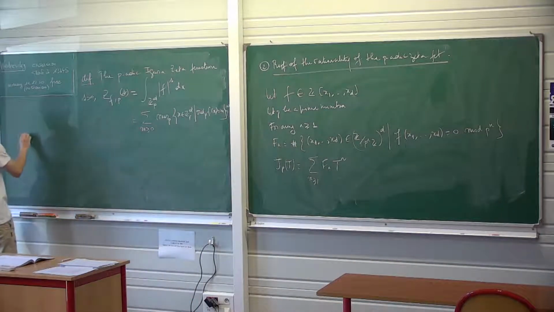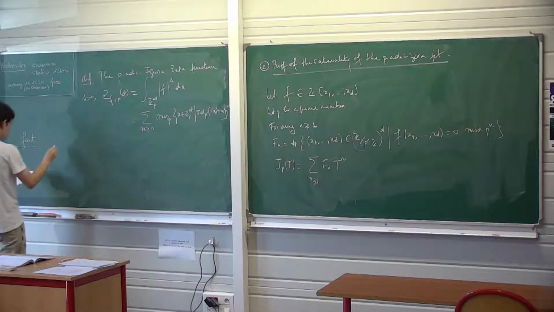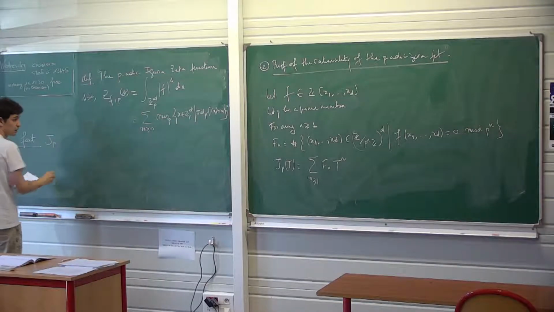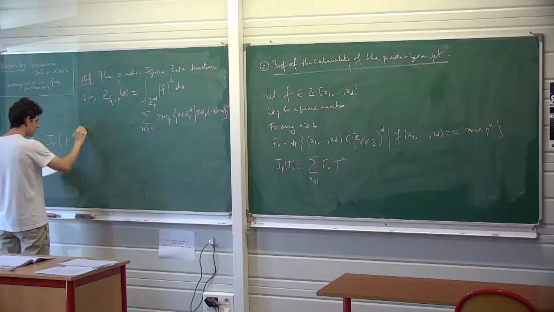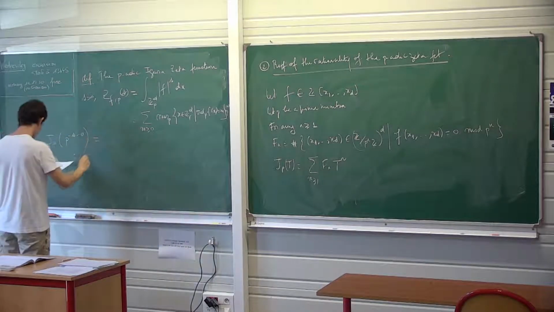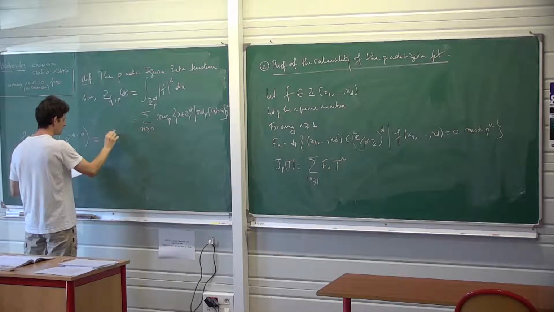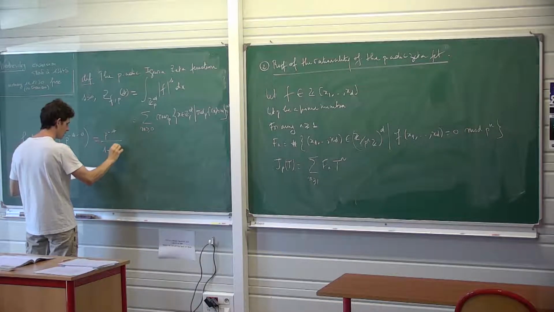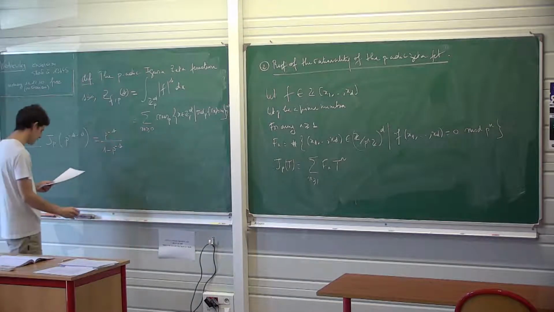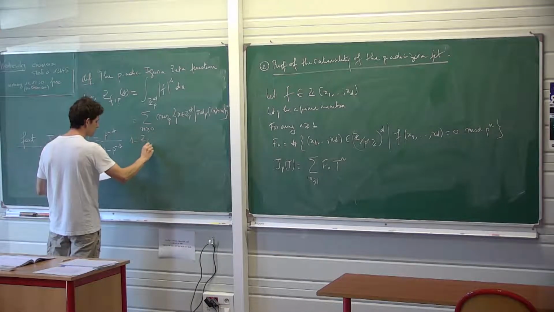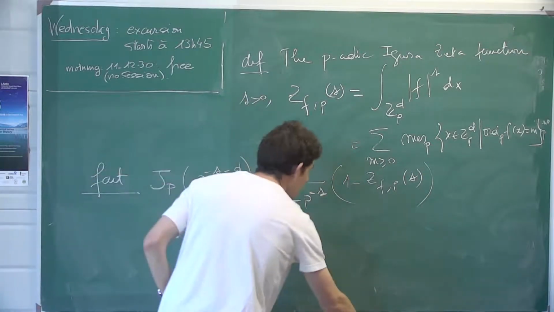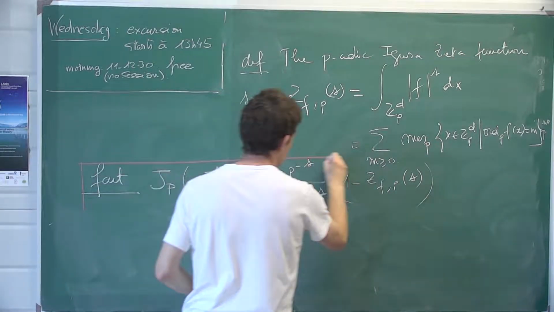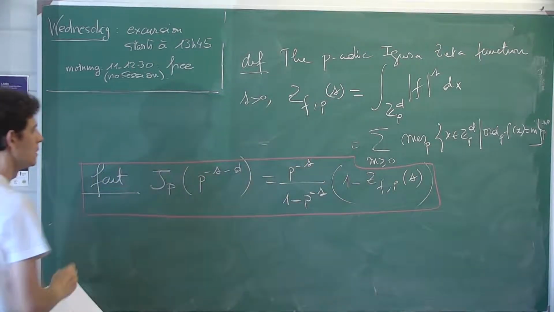So the fact is that Z_f evaluated at p to the minus s minus d is equal to p to the minus s divided by 1 minus p to the minus s, times 1 minus the zeta function.